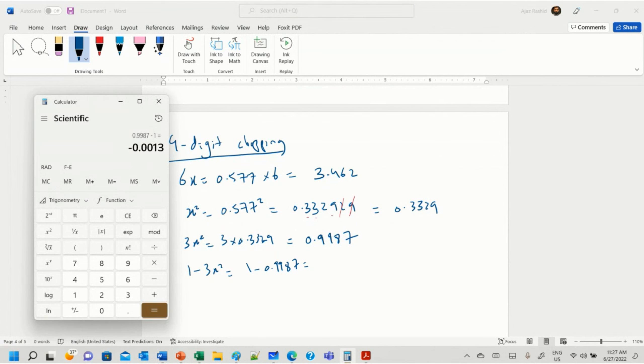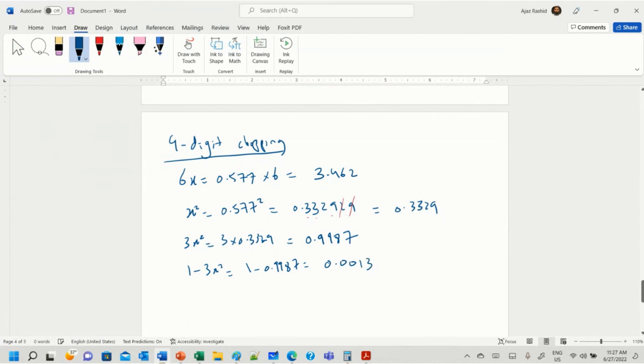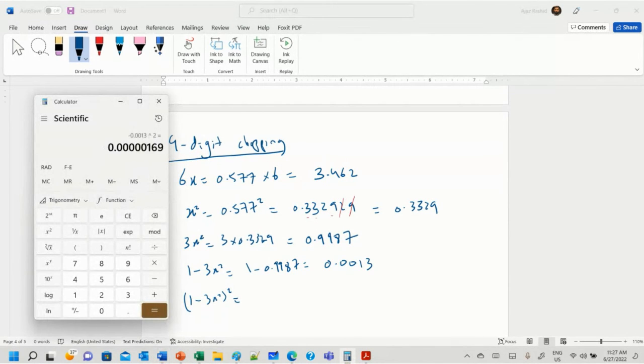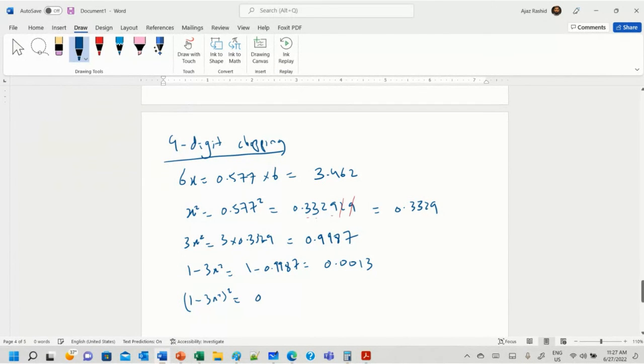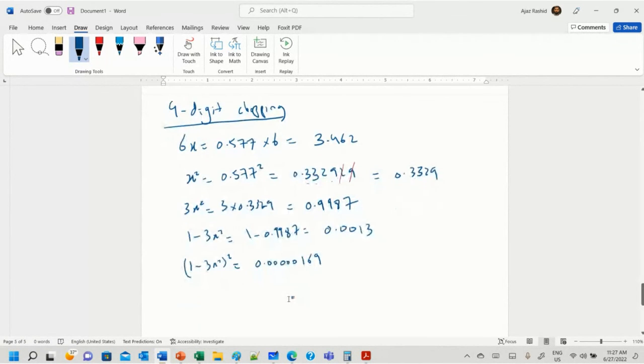That's 0.0013, so we'll keep it. This is the square of this, so 1, 2, and 5 zeros. We keep that as well.